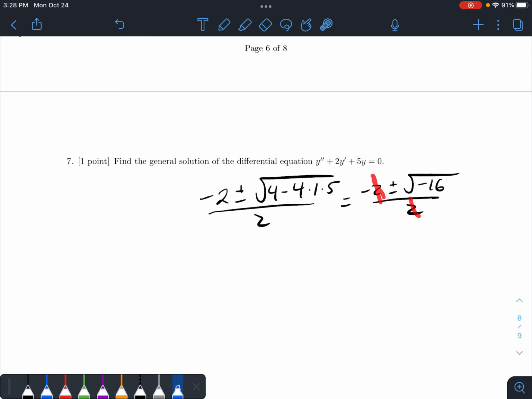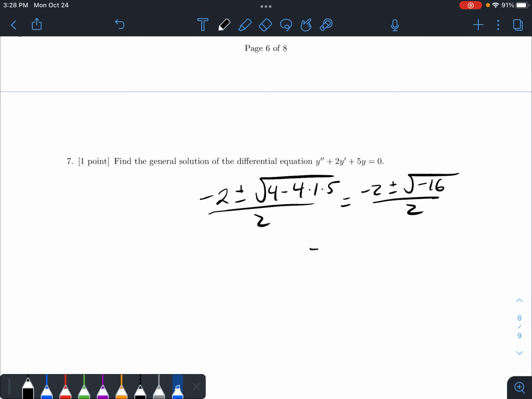Oh my gosh, if you cancel out the 2 and the 2 and call this equal to the square root of negative 16, no, do not do this. I will be just upset with you. I get very upset when I see this. This is not correct. I see this more than I should in this class.